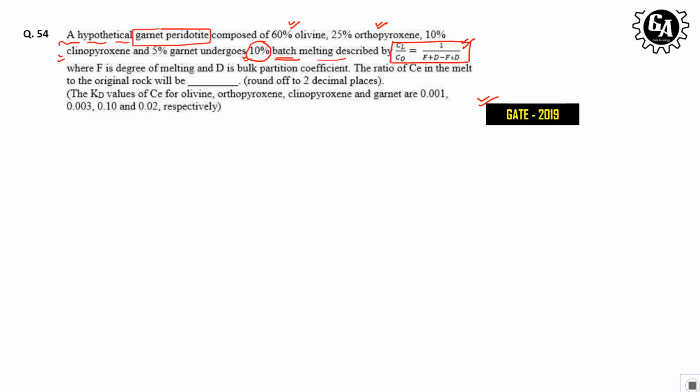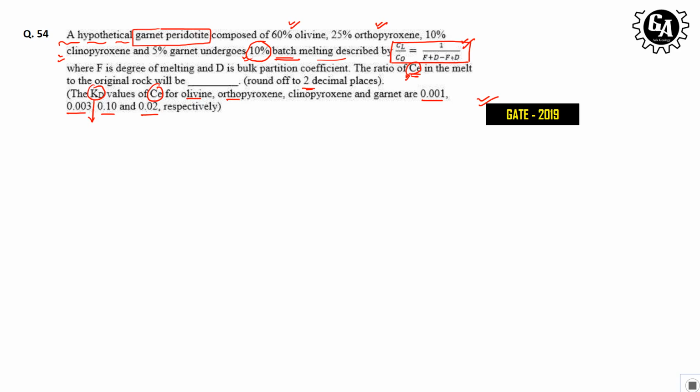The ratio of cerium, Ce, a trace element, in the melt to the original rock will be, rounded to 2 decimal places. The Kd values, the distribution coefficients of cerium for olivine, OPX, CPX and garnet, are given as 0.001, 0.003, 0.1 and 0.02 respectively. So now just try to factorize this question into different segments.